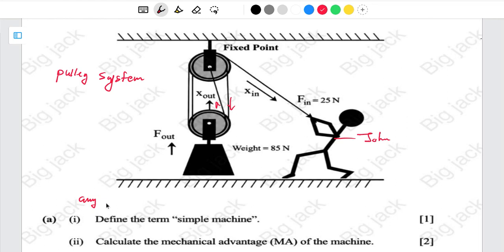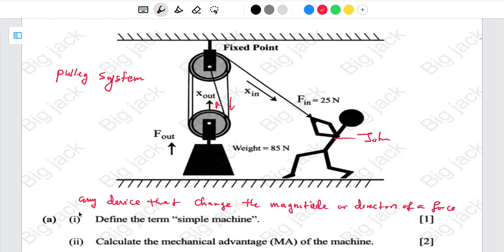So we can say any device that changes the magnitude or direction of a force, making it easier to do work.